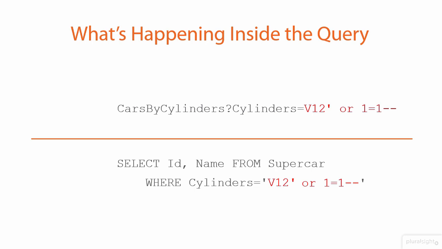But what it actually means is that that last grey single quote never gets executed. It's commented out. If it wasn't commented out, we'd have this problem of an unclosed quotation mark again, exactly the error we saw in the error-based SQL injection just before. So this is the new query string value that I'd like to use for the cylinders parameter. Let's jump over to the browser and see what happens when we change that query string value to this.